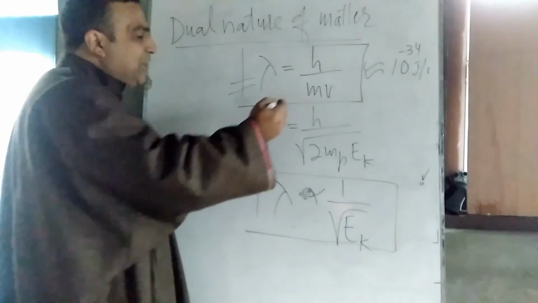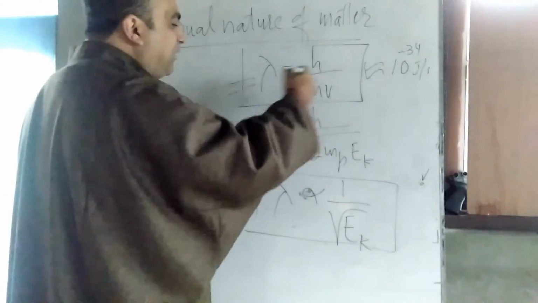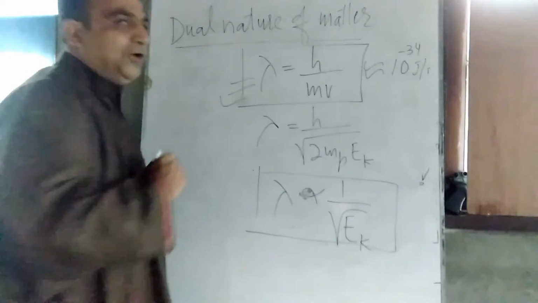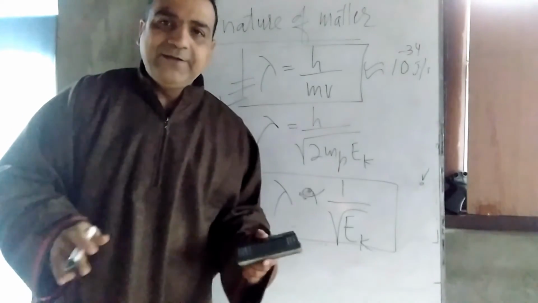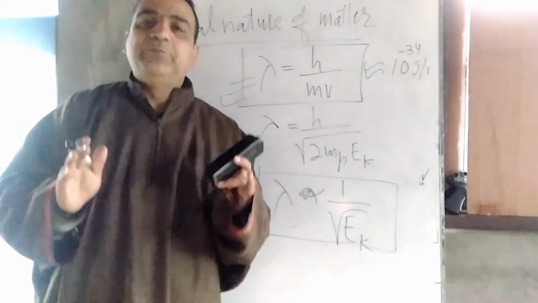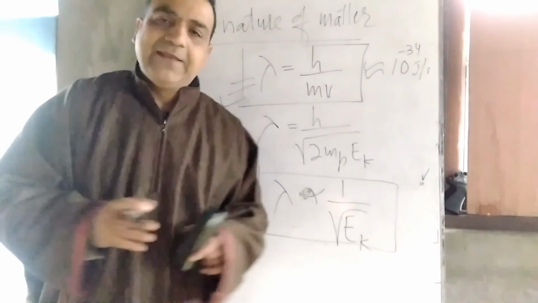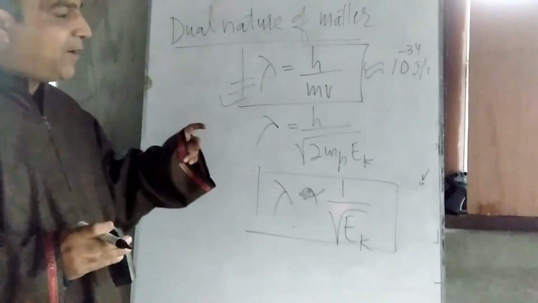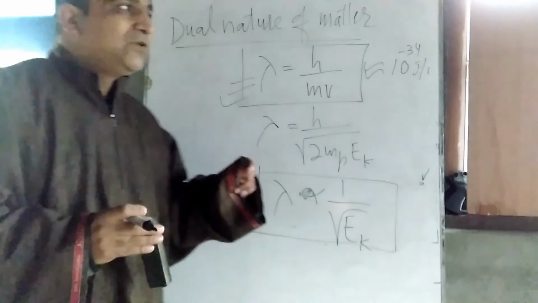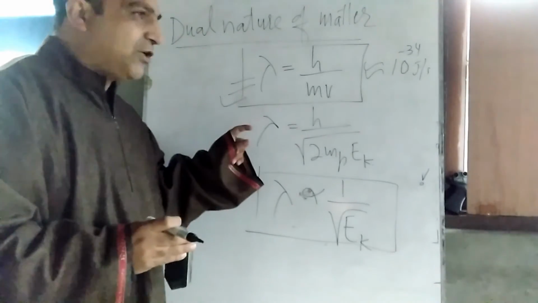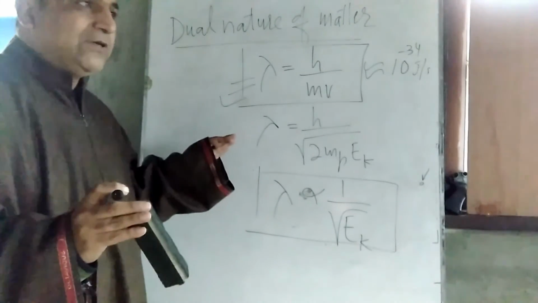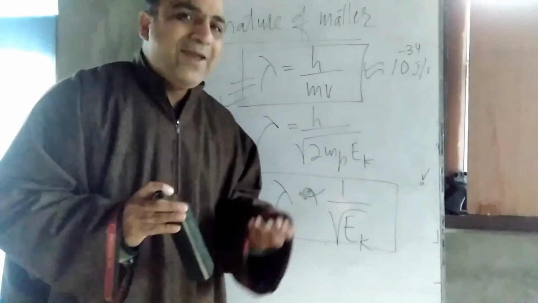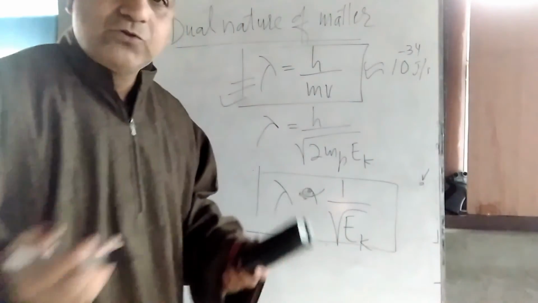In that case, you have a very appreciable wavelength that you can measure from this equation. So the point is clear that this de Broglie wavelength is measurable for microscopic particles, and it is practically immeasurable for macroscopic bodies. We can rule it out; it does not exist at all when you talk about macroscopic objects.